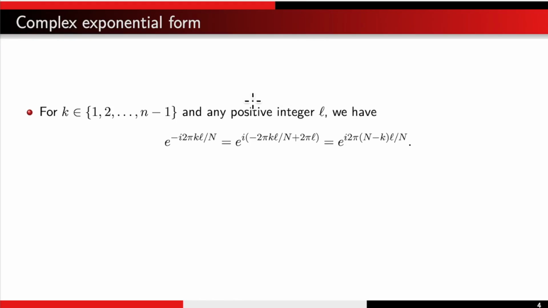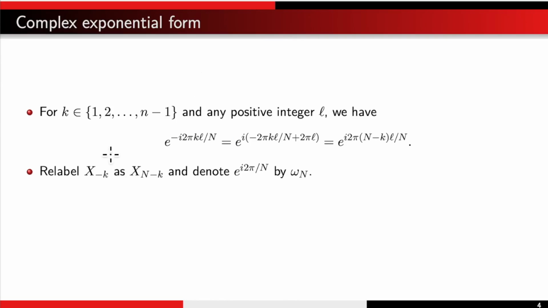One thing that we'll make use of is that e to the negative i 2 pi k l divided by capital N can be rewritten as e to the i 2 pi times quantity capital N minus k times l divided by capital N. And that's easy to see because anytime we add an integer multiple of 2 pi to the argument here, we don't change the complex number, and this is exactly what we have done.